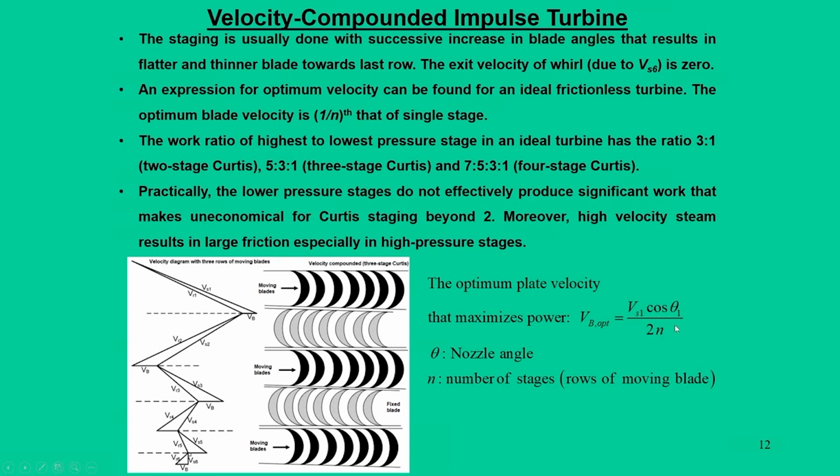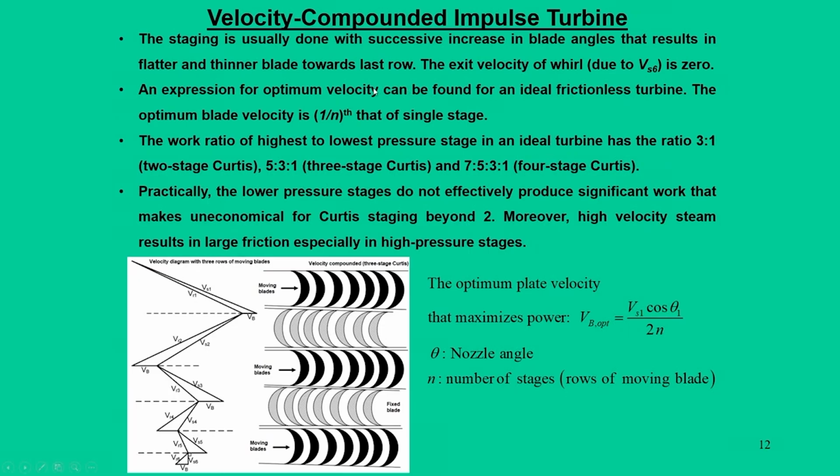Now, if you have n number of stages, that means n number of rows of moving blades, then the optimum velocity also gets reduced. That means, for the same energy extraction, we can operate with a lower blade velocity. The same power can be extracted at lower velocity. So, this is the advantage that we get when you do velocity compounding through Curtis.